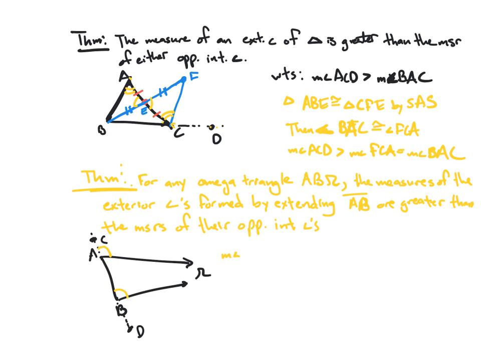So the measure of angle CA omega is greater than the measure of angle AB omega, and the measure of this angle must be more than the measure of this angle. So the measure of angle DB omega is greater than the measure of angle BA omega. Proof of this is on pages 376 and 377 in your book.